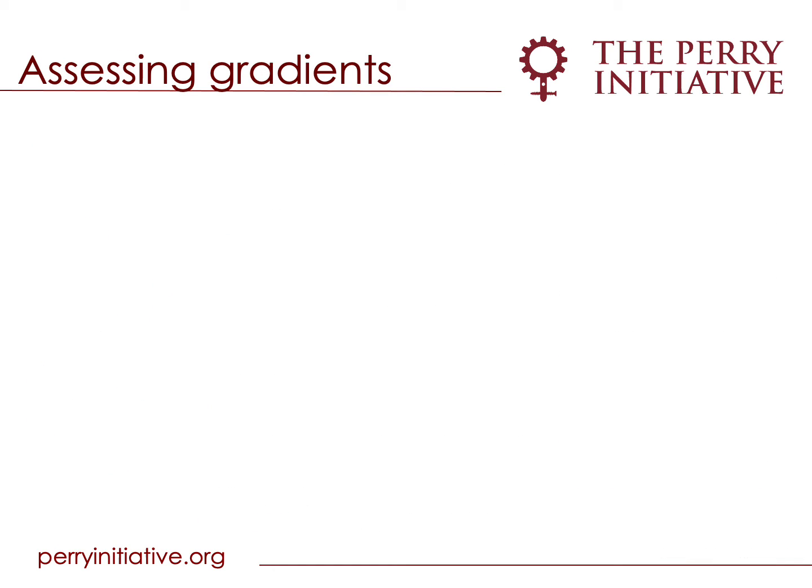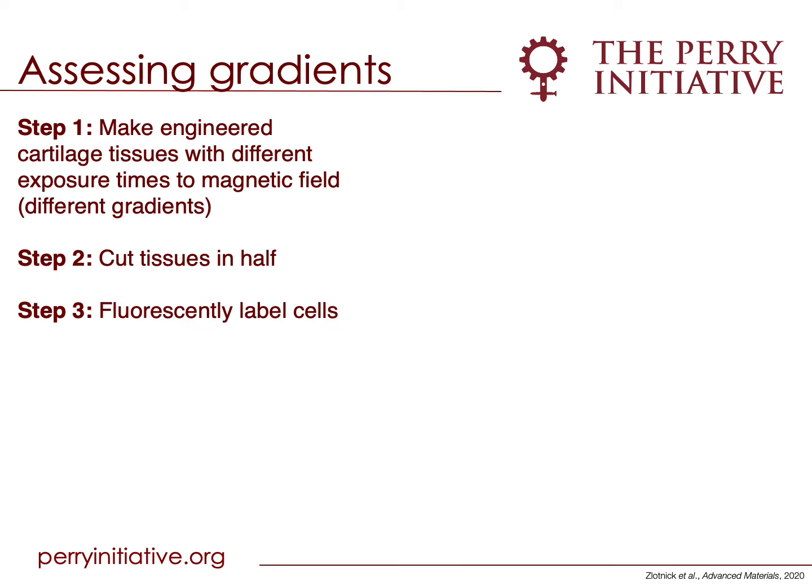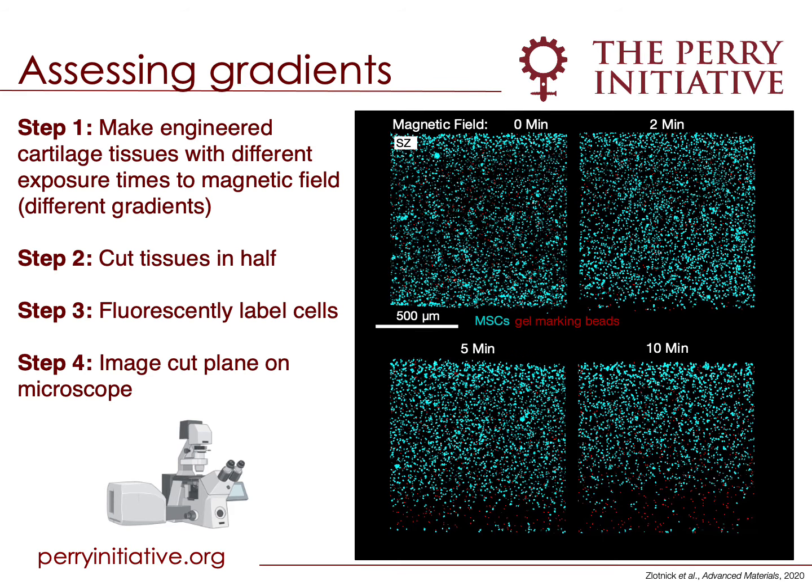After streamlining our fabrication process, we moved on to assess the cell gradients that formed in our magneto pattern tissues. The first step here was to make engineered cartilage tissues with different exposure times to the magnetic field to create different gradients. We then cut the tissues in half, fluorescently labeled the cells, and imaged the cut plane on a microscope.